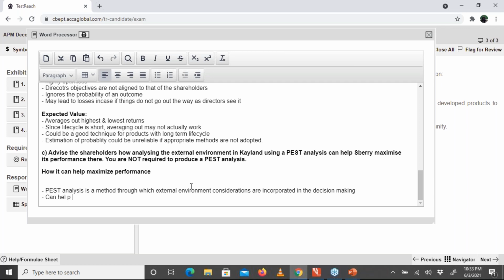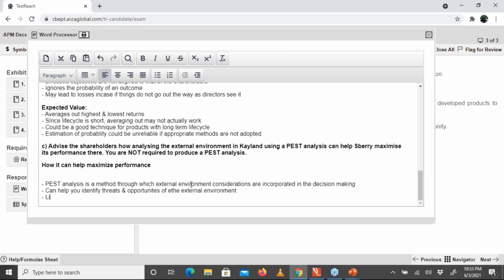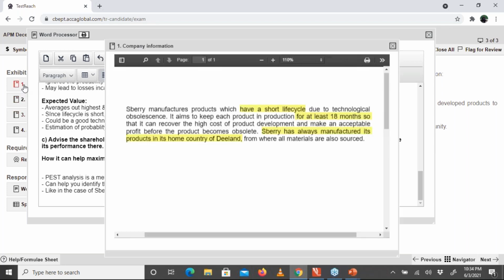It can help you identify the threats and opportunities of the external environment. Like in the case of Asbury, the exchange rate movement is considered to be an area of risk. Now, are there more things?